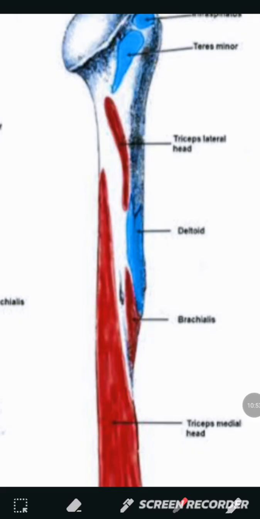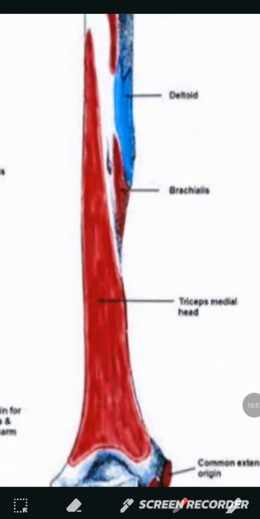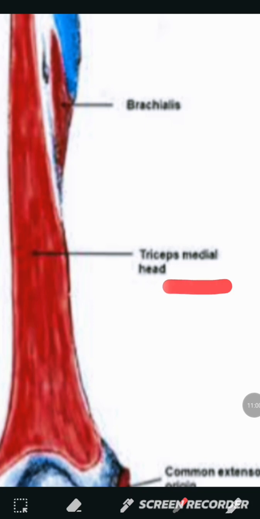This was the second origin. The third one is tricep medial head, which is attached to the surface below the spiral groove. Here was the spiral groove, so this is the surface below the spiral groove. These are the three origins which are attached to the surfaces.